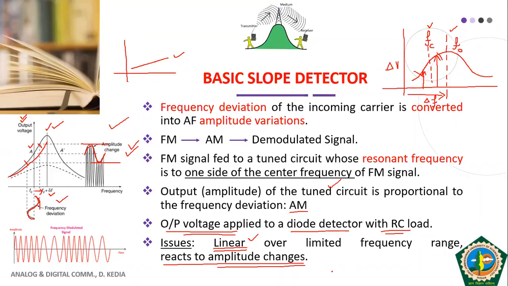So that indirectly means that amplitude changes have been taken into account in this slope detector. So these are the issues which will be taken care of in the coming circuit. I hope all of you have been able to understand up to this point, and now we will move to our next topic.